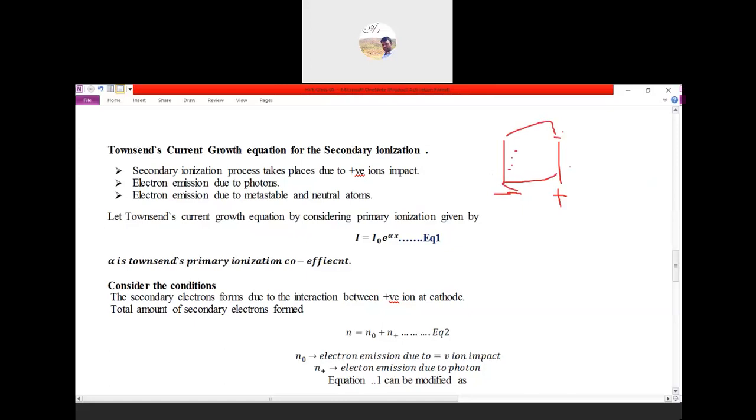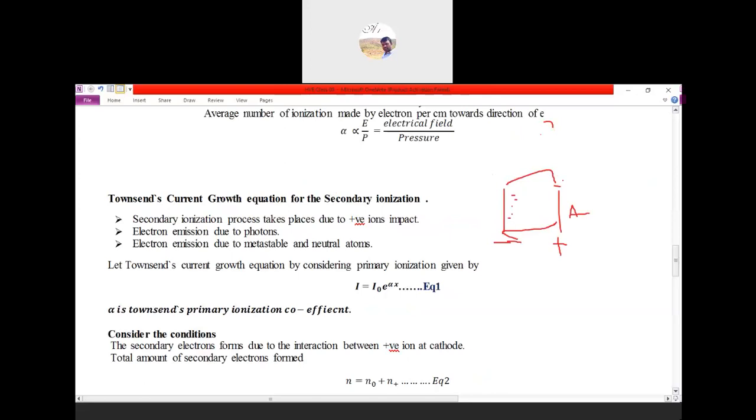We have two plates, the cathode and the anode. Whatever electrons are generated flow towards the anode side, and the positive ions flow to the cathode side. What will happen here, due to the flow of positive ions and electrons from this dielectric material?